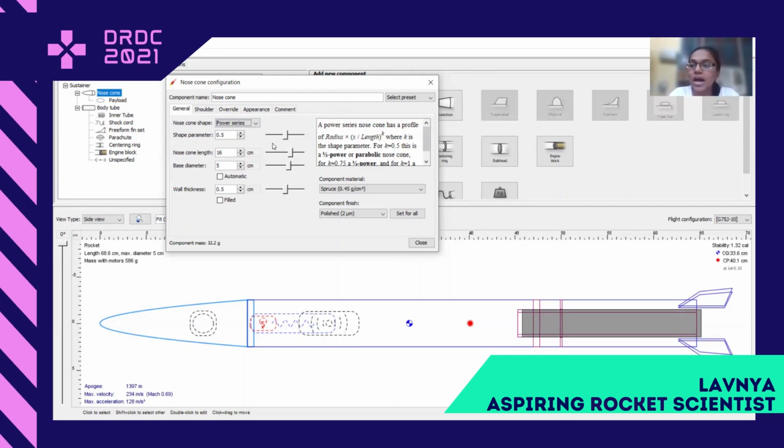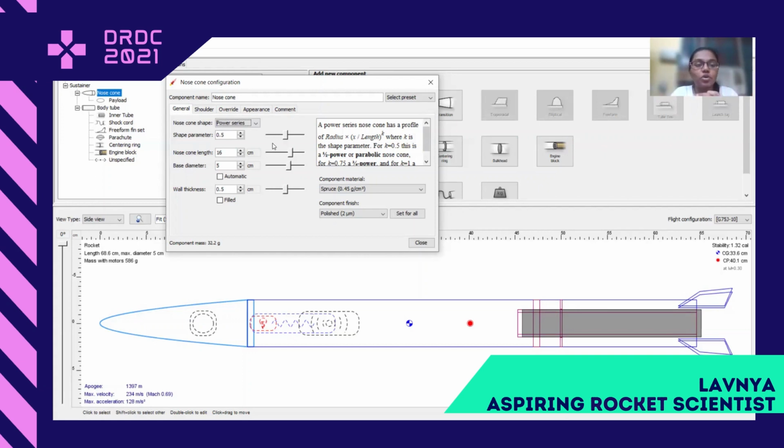For the nose cone length, I was just checking and making things work out. When I checked, I thought a nose cone of length 16 centimeter would fit my imagination of this model rocket.